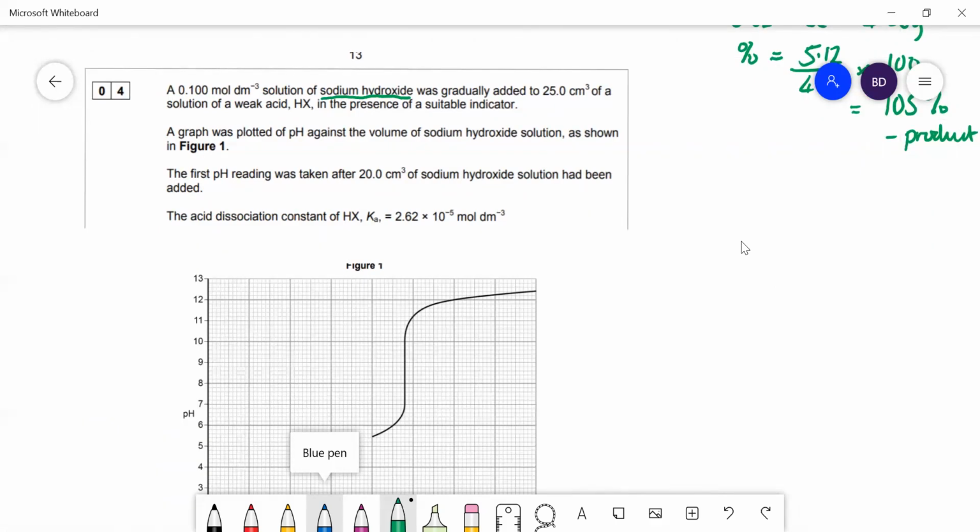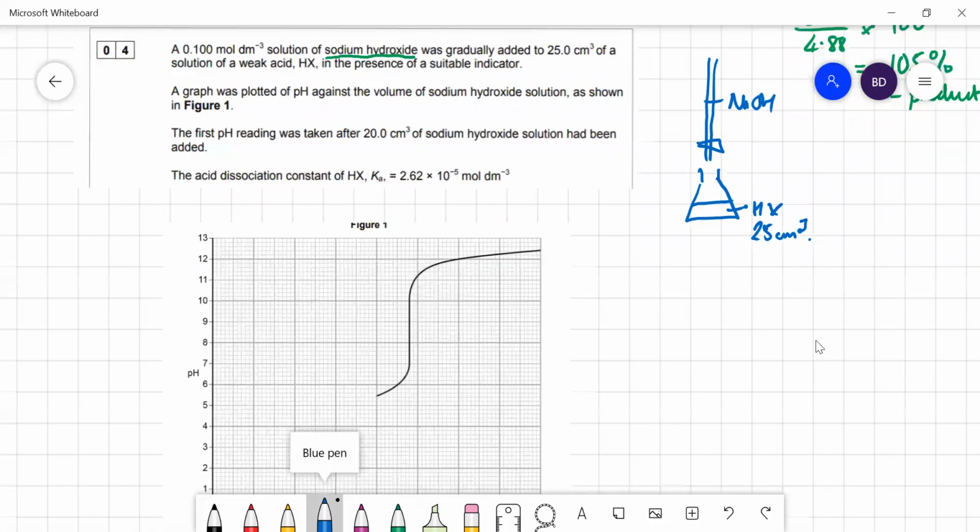So we've got the NaOH in the burette, and the weak acid HX in the conical flask. We've got 25 cm^3 of that. They only take the first reading after 20 cm^3 of sodium hydroxide solution has been added, so that's why they get that graph there.